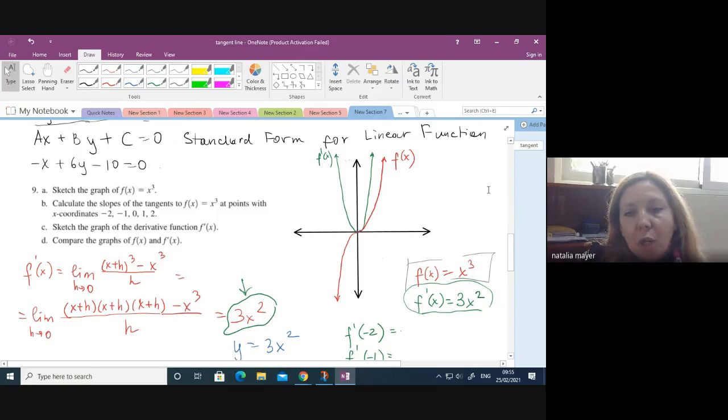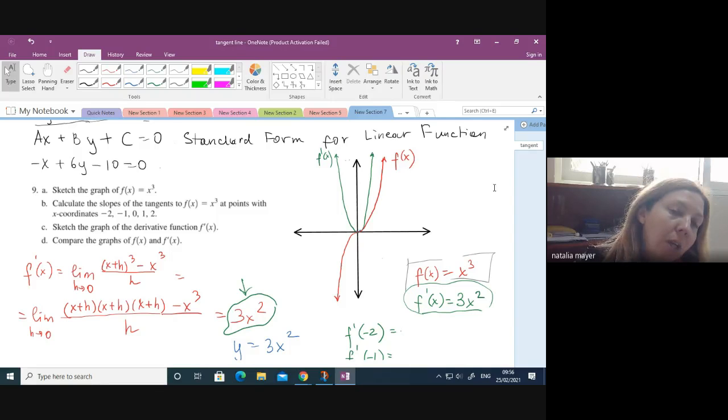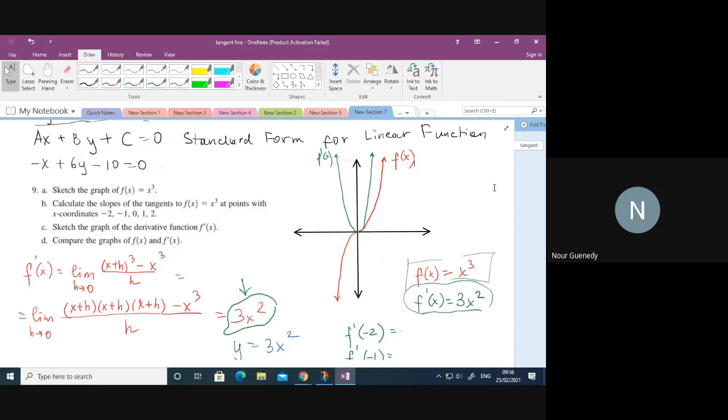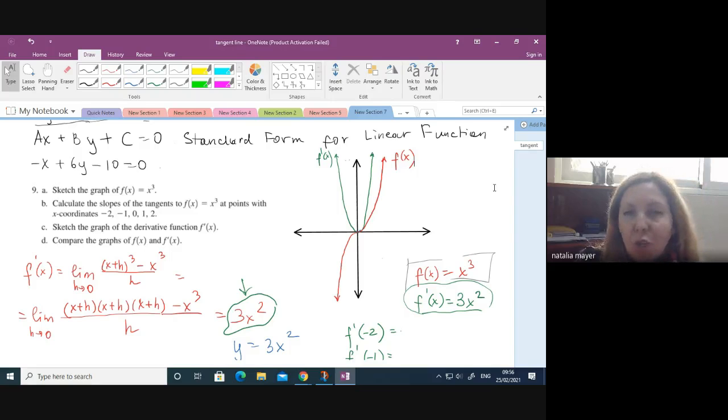Before we start, what is the algebraic representation of the original function, the one which is in red? It's a cubic function, but not just a cubic function. A parent function, so x to the power of 3.